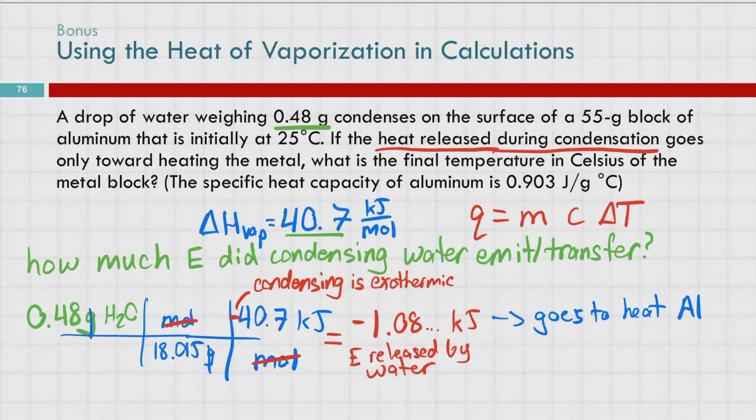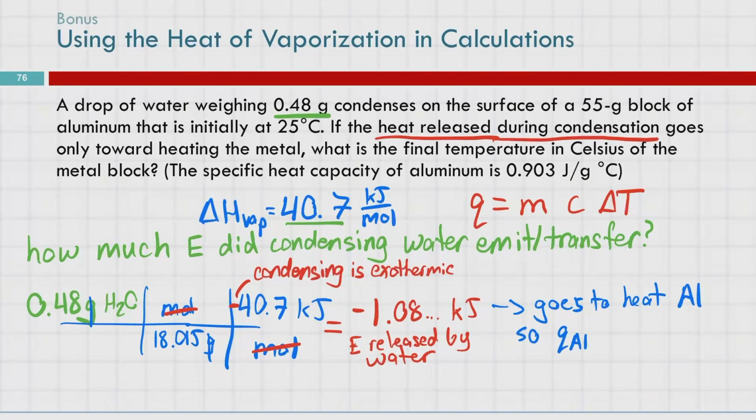It's absorbing, it's gaining, it'll be positive. So the heat value for the aluminum is positive 1.08 kilojoules. And this is the Q that goes in the Q equals mc delta T.